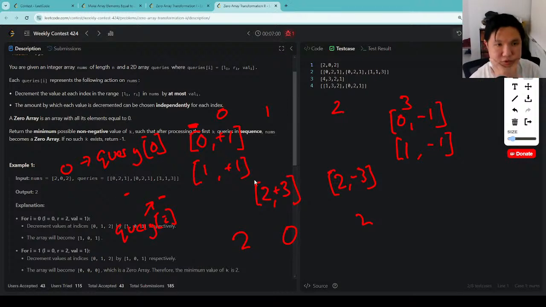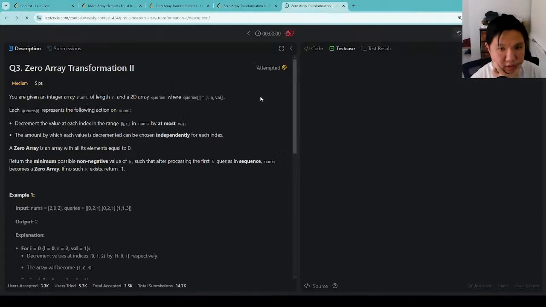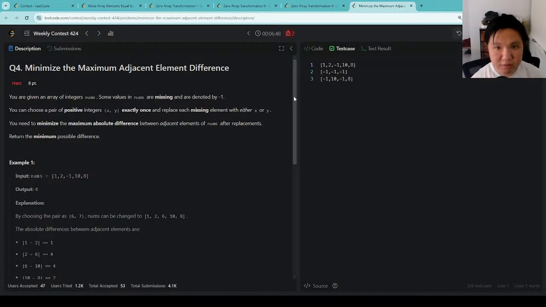I still don't. I think I still don't quite get it. Yeah. All right. Actually, I don't think I have time left to do this. I'm gonna look at question 4 real quick to see what it looks like. Yeah. Wow. I gotta think a little bit on question 3. That's tricky. I can't get the binary search part. That's the part I'm not quite sure. So let me see question 4.